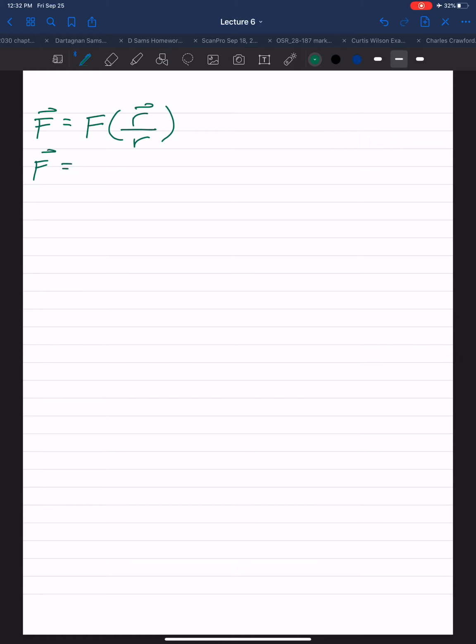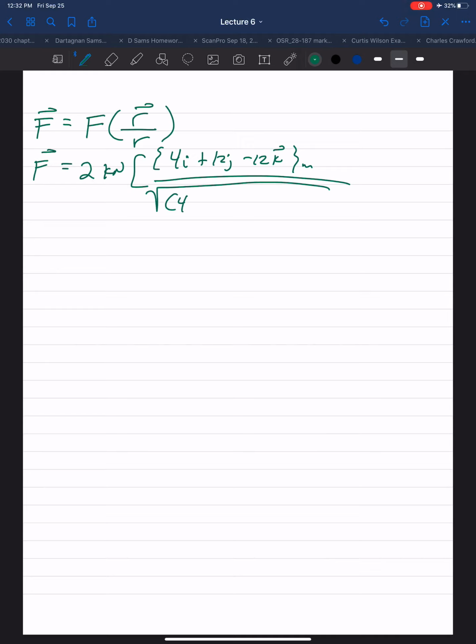So we said that's 2 kilonewtons times 4I plus 12J minus 12K meters over the square root of 4 meters squared plus 12 meters squared plus negative 12 meters squared.